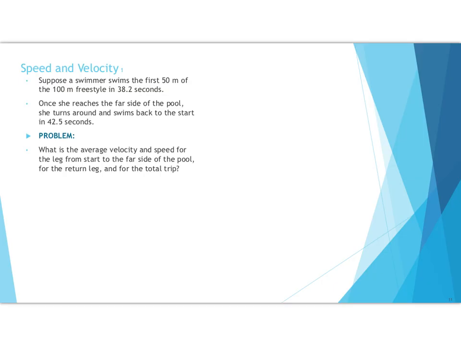For her speed, the speed is just the magnitude of her velocity, so we would just use 1.31 meters per second for the first leg and 1.176 meters per second for the second leg.